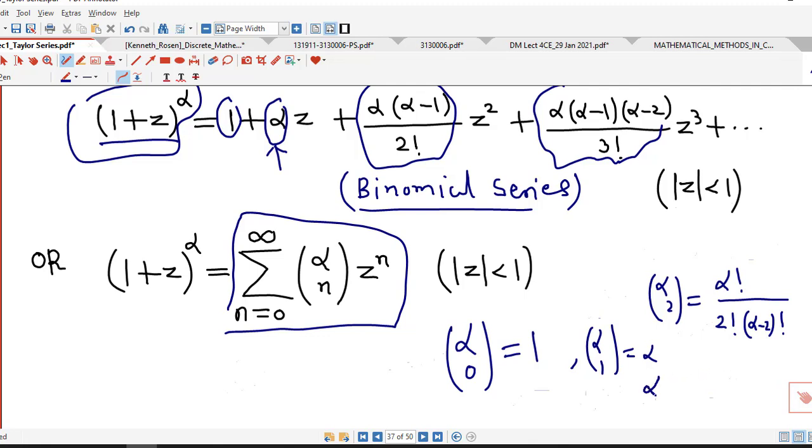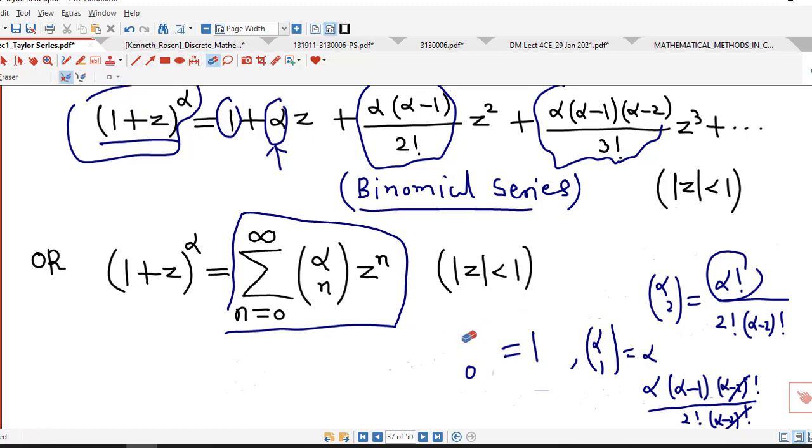This α factorial can be rewritten as α times (α − 1) into (α − 2) factorial, divided by 2 factorial into (α − 2) factorial. So (α − 2) factorial will cancel out, and we will have α times (α − 1) divided by 2 factorial.